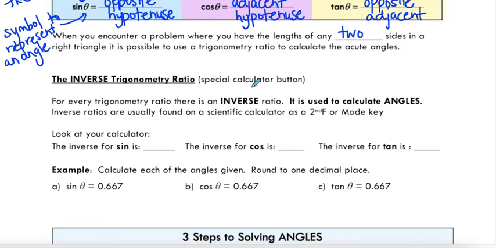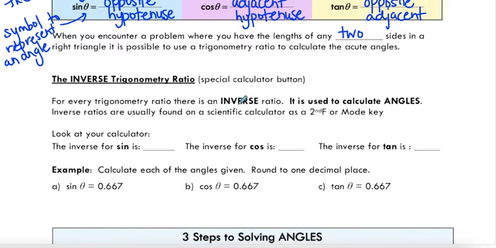Addition and subtraction are opposite operations, and so are multiplication and division. We even looked at squaring a number versus square rooting a number. Well, taking the inverse of a trig ratio is the opposite of taking the regular trig ratio. So it's used to calculate the angles.